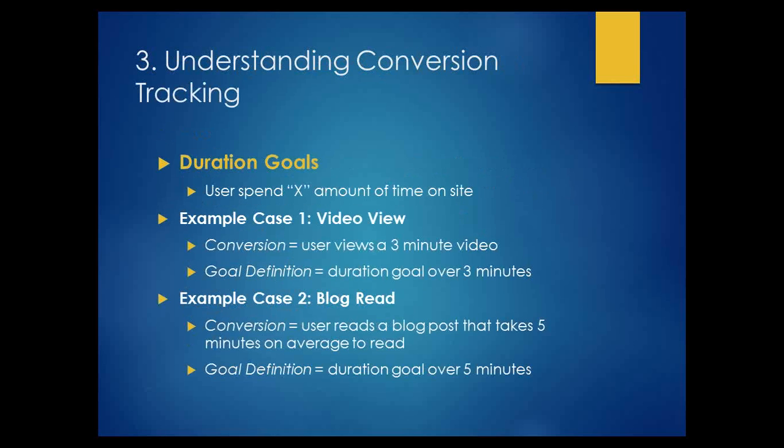So you would say, I'm going to define a duration goal as 5 minutes. And anytime someone does that, I have an idea that they have actually engaged and read my blog post. So that is another way that you could potentially use your duration goals. Let me quickly show you inside Analytics how to set up a duration goal.